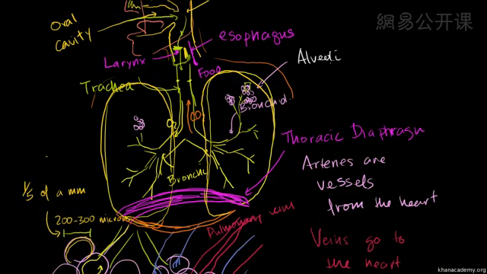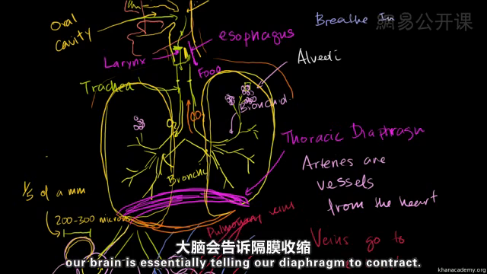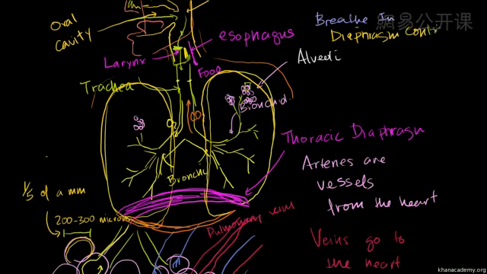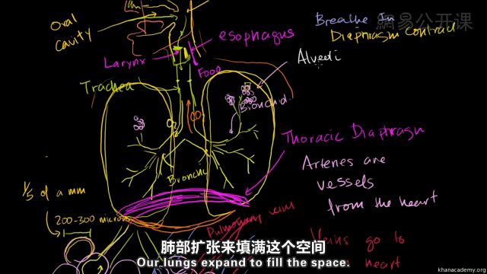So let me write this down. When we breathe in, our brain is essentially telling our diaphragm to contract. So diaphragm contracts. We have more space around our lungs. Lungs expand to fill the space.